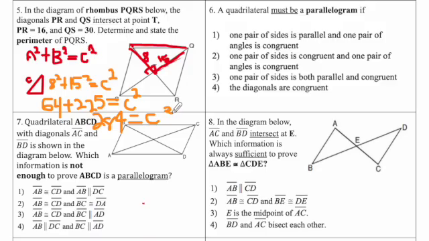Now I'm going to start erasing some of this so I have space, right? Okay, so we had 8 squared plus 15 squared equals C squared.